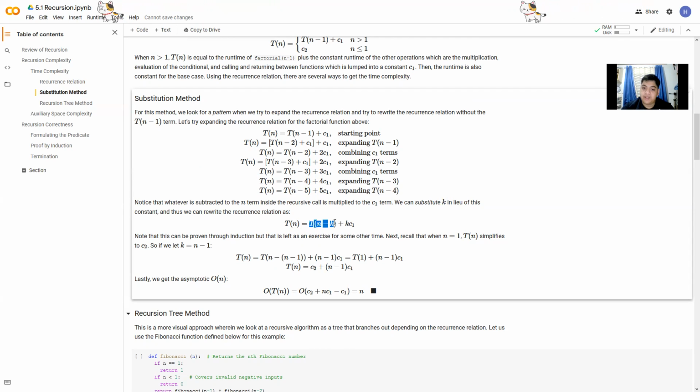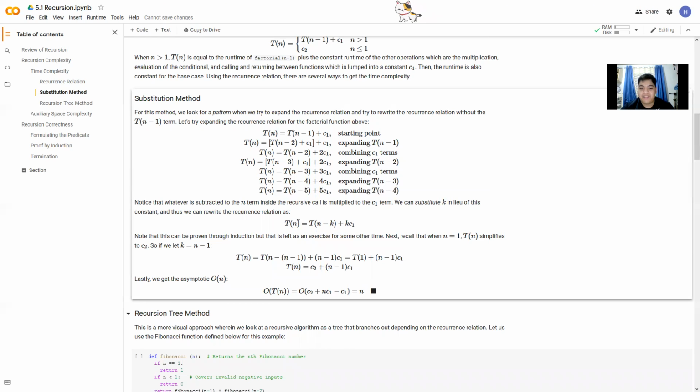So we have T of n minus k plus k c1, which will be true for each step in the expanding process. You can prove this through induction, but this is left as an exercise for you.